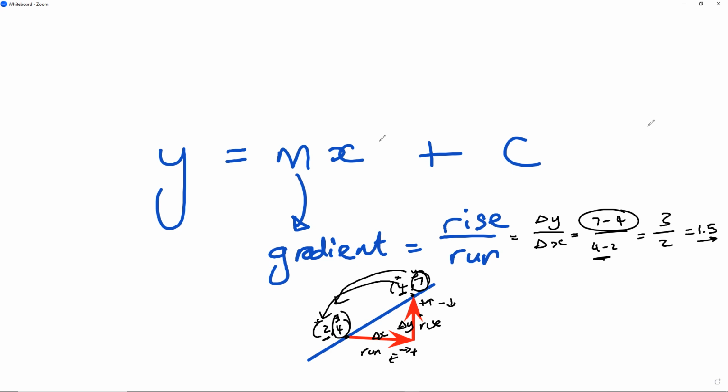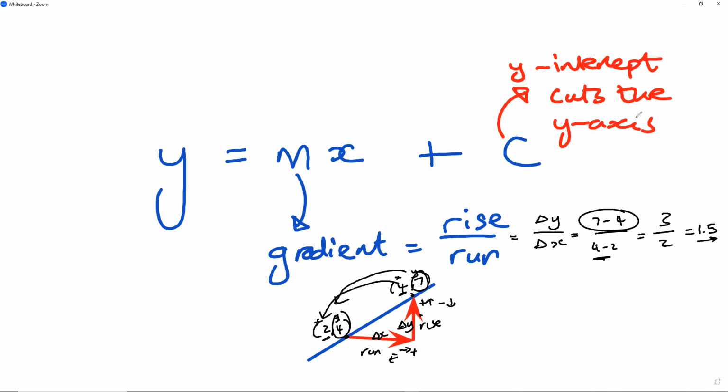The c value is the other parameter, and this is known as your y-intercept. So this over here is your y-intercept. And the y-intercept is where it cuts the y-axis. So let's draw a quick y-axis and x-axis.